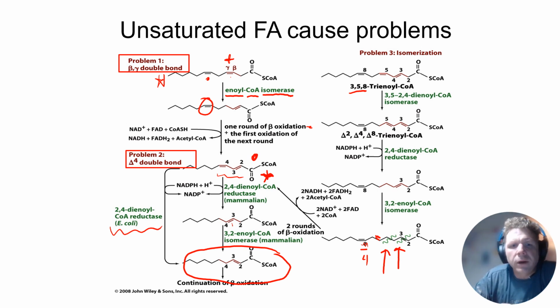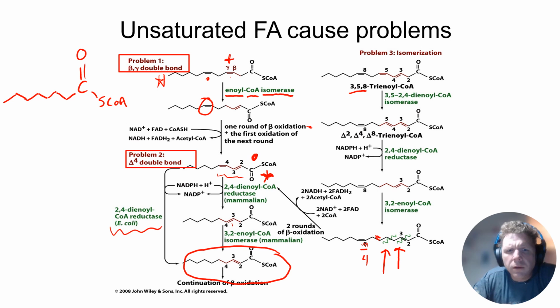Now, if you have a fatty acid, let's say we have a fatty acyl-CoA that looks like this. Okay, we've got that. And let's say that my alpha carbon, let's say it looks like this.